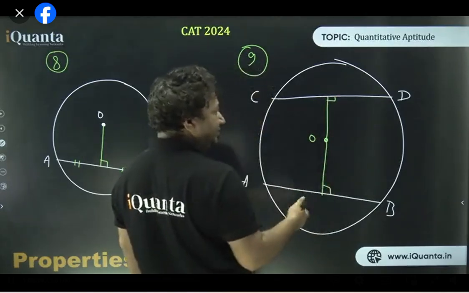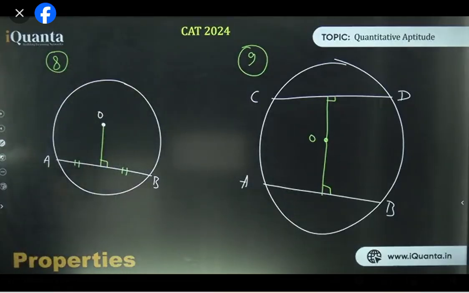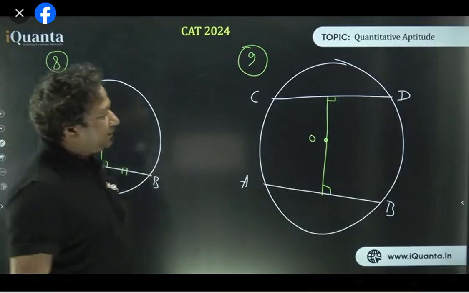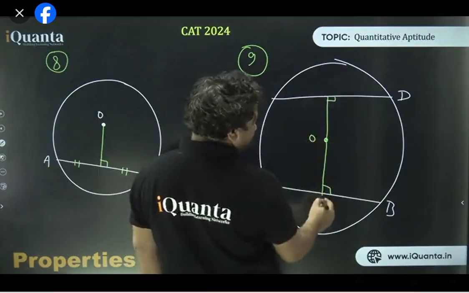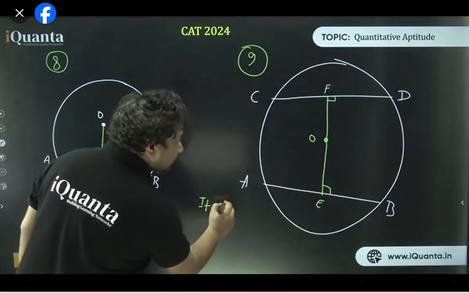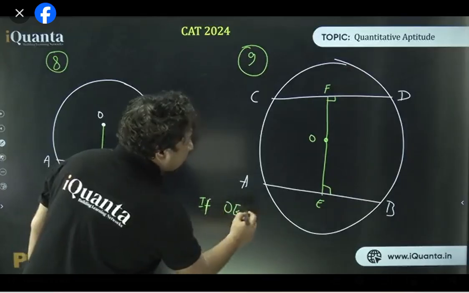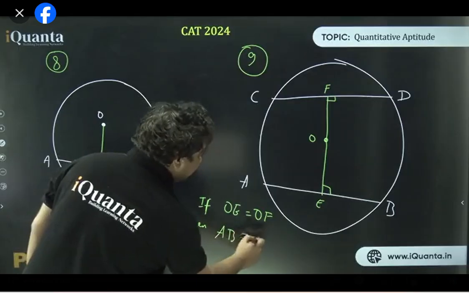And now what I find, let this be A, B, C, D, so let's call this E and let us call this F. So if OE is equal to OF, then AB will be equal to CD.